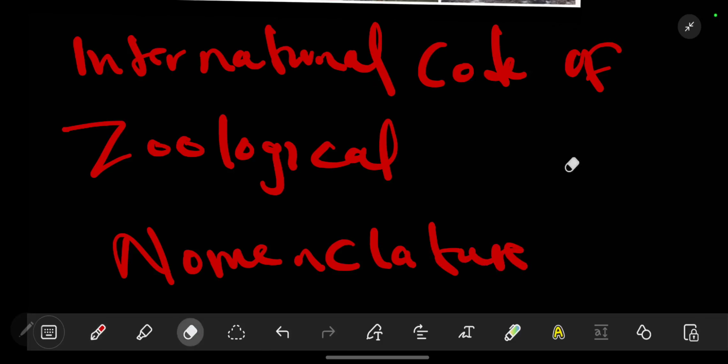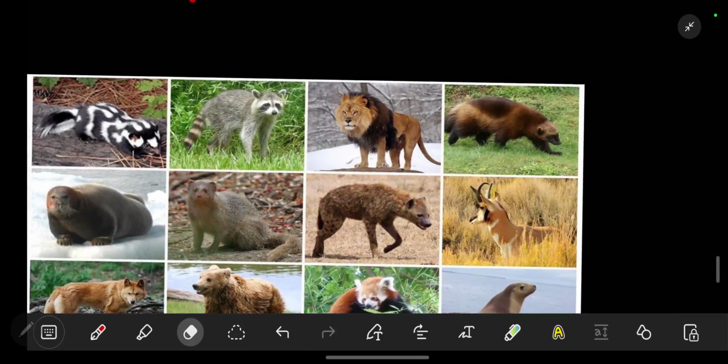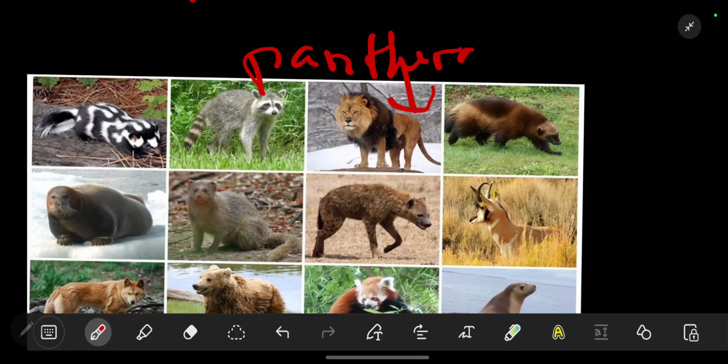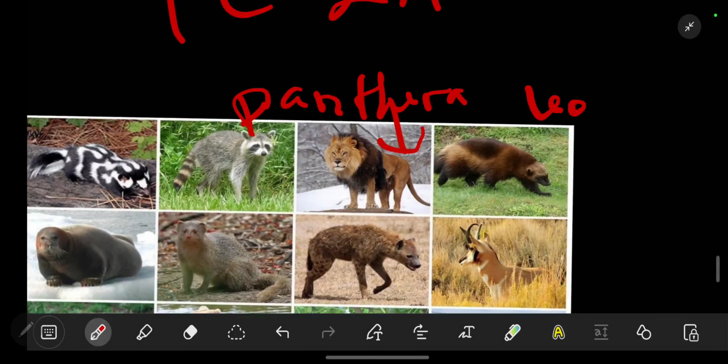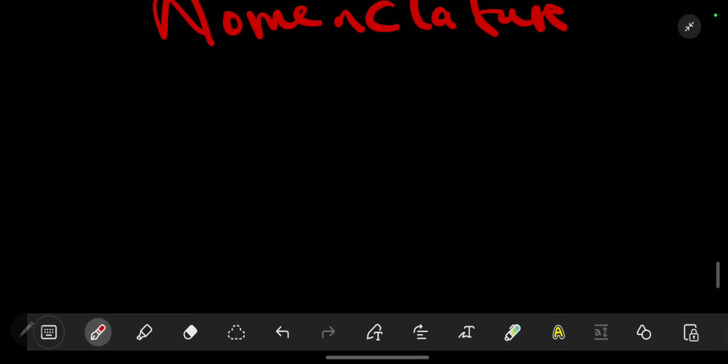This one is responsible for assigning specific names. Remember what we called the lion. We said it is Panthera, capital letter there, leo, like that. So this is responsible for assigning names to organisms.